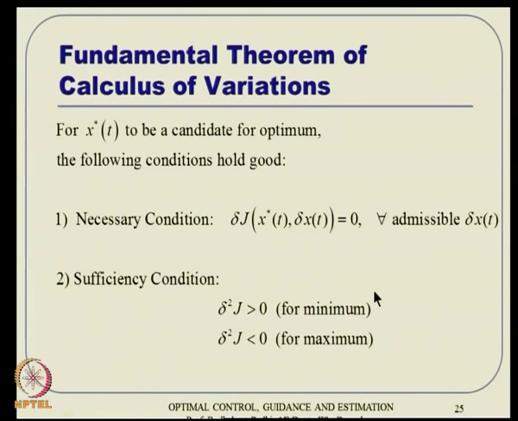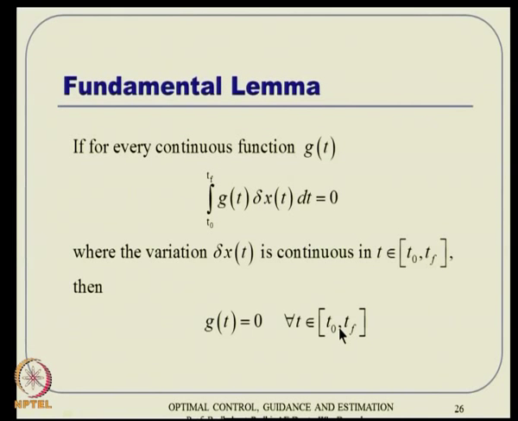Then we felt the necessity of deriving necessary and sufficiency conditions for optimality, and we observed that, very close to static optimization, in calculus of variations also the first variation has to be equal to 0 for all admissible variations of x, and the sufficiency condition says the second variation has to be positive for a minimum, or negative for a maximum.